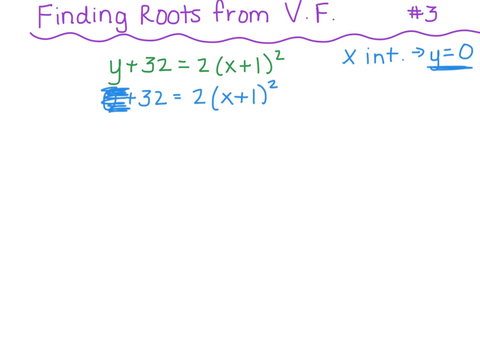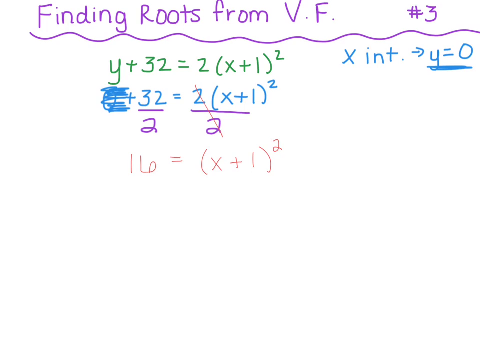I can solve it by getting rid of this 2, and that 2 I can get rid of with division, which means I can divide over here. So 32 divided by 2 is going to leave me with 16 over here on the left. This 2 is gone now, so now I have x plus 1 squared. And then you should know what to do from here.